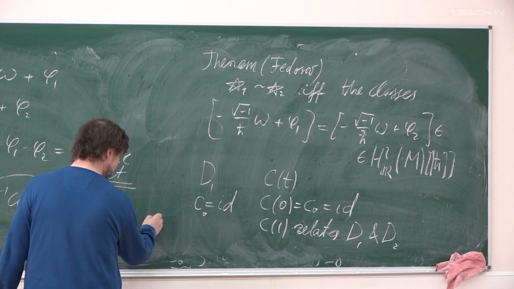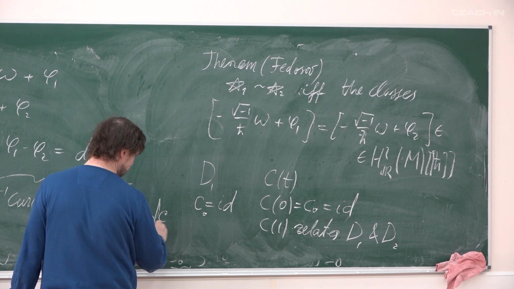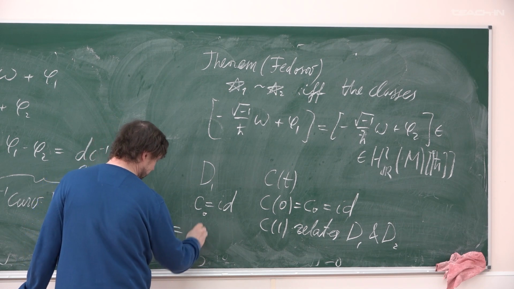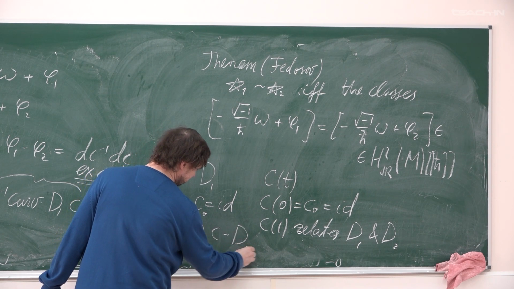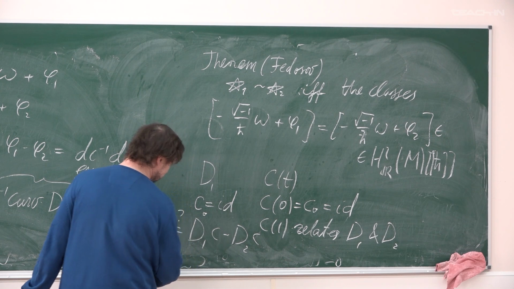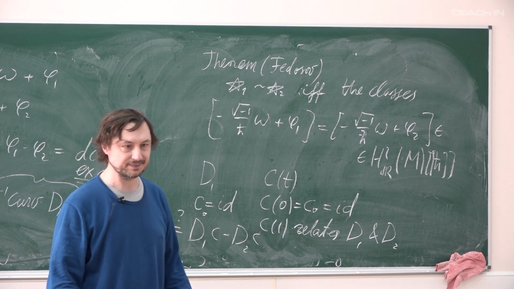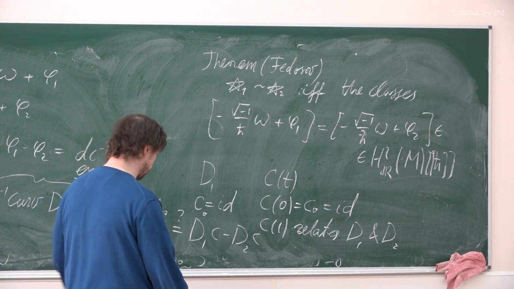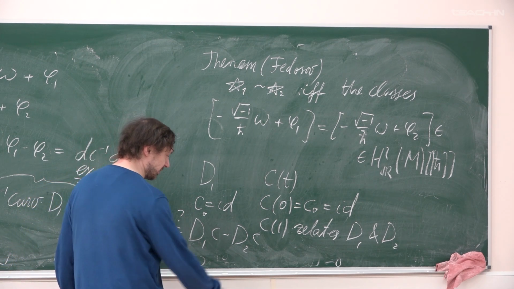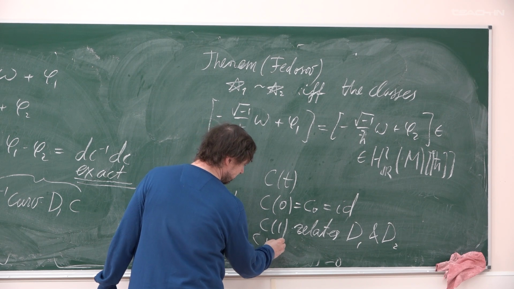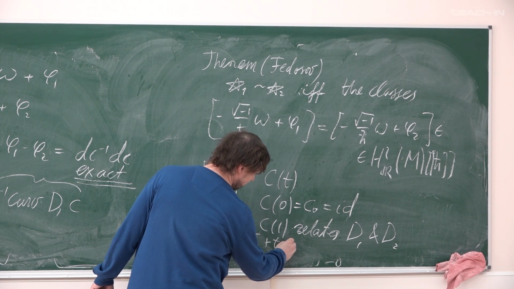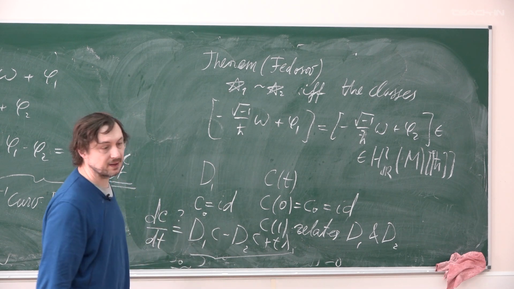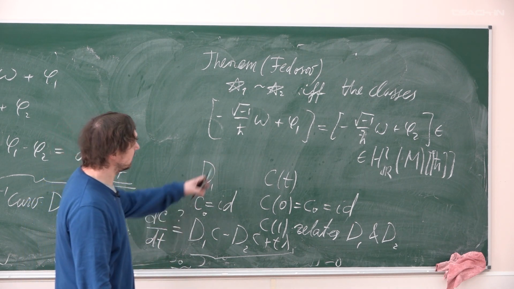To this end, you consider something like the equation dC/dt equal to d1 of C minus d2 of C, something like that. I'm not sure about this. I don't remember the right-hand side. And also, you need to plug into this the differential form which relates the classes of φ1 and φ2.